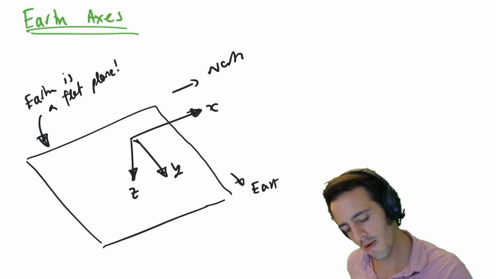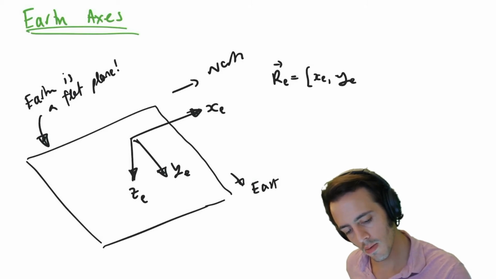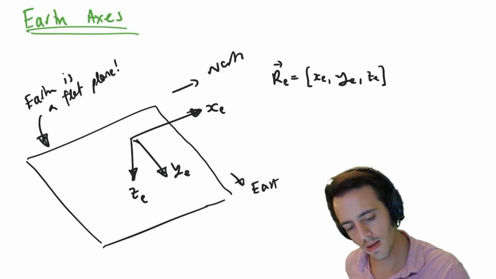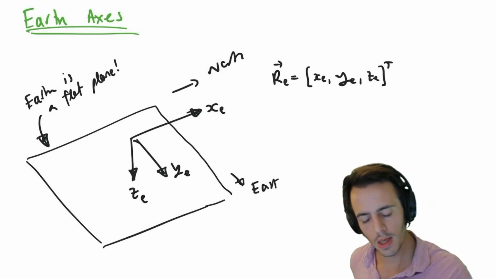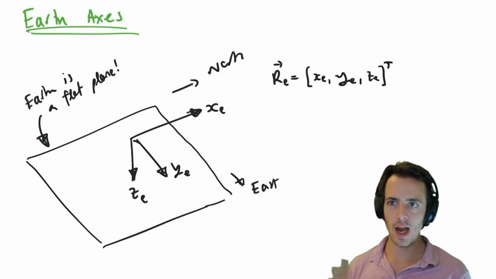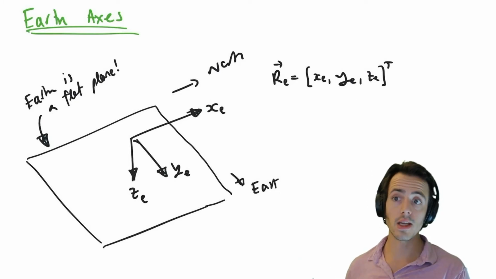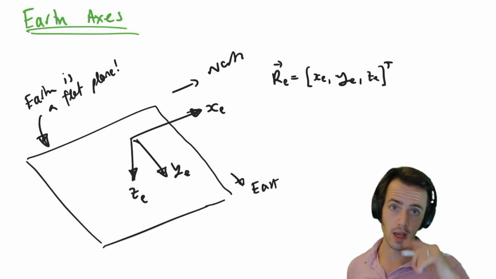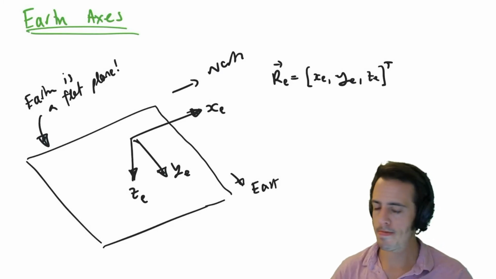So because these are in Earth axes, we have to have a subscript E on each of these. So we say R_E is equal to X_E, Y_E, and Z_E. Okay. It doesn't matter where 0 is in this axis set. We don't really care about that because what we're interested in is defining the relationship for how we orient our aircraft.